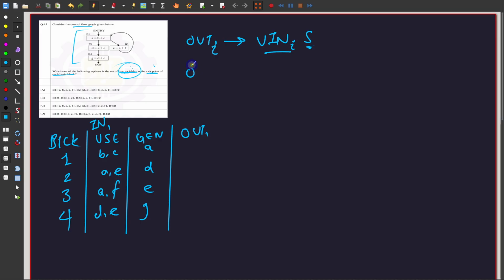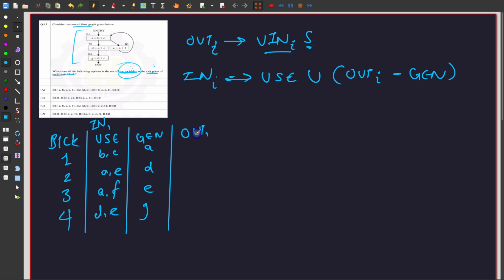And the in for a particular block will be the use union with whatever the out of I is minus gen, or def, whatever you call it, it's basically the same. These equations don't matter. The point is just write it down 2 or 3 times, you'll get the point.